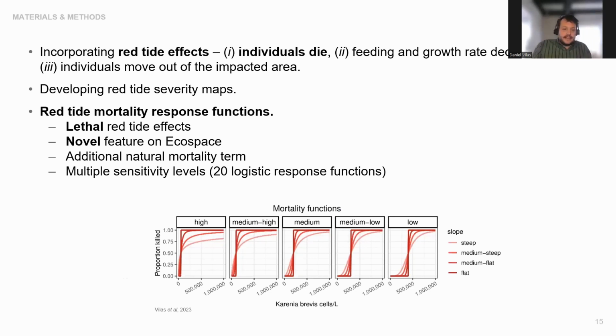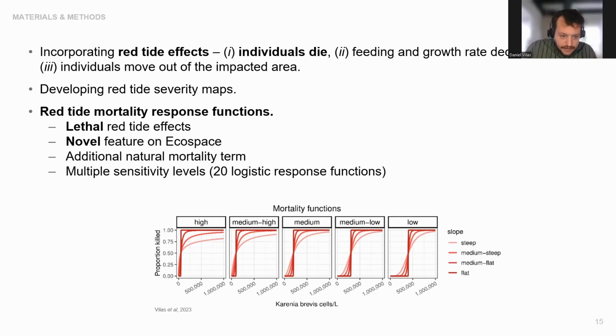Apart from the red tide severity maps, we need the mortality response functions that represent the lethal red tide effects. This is a novel feature in Ecospace that adds an additional natural mortality term into the equation. We evaluated different red tide mortality response functions.